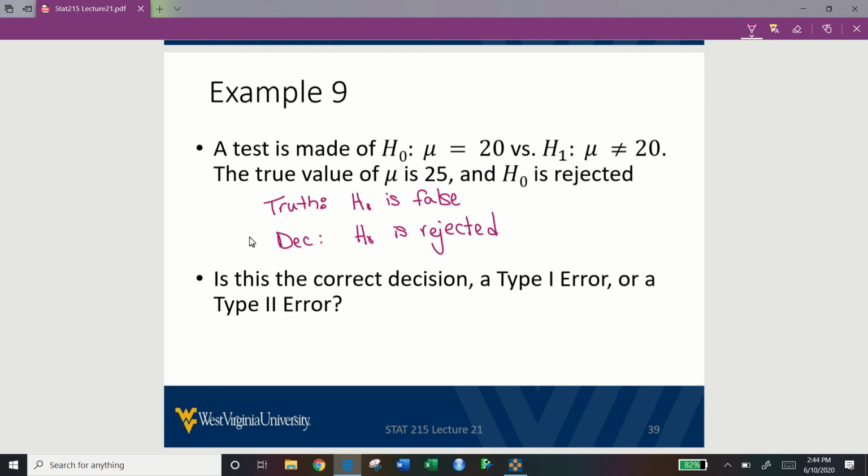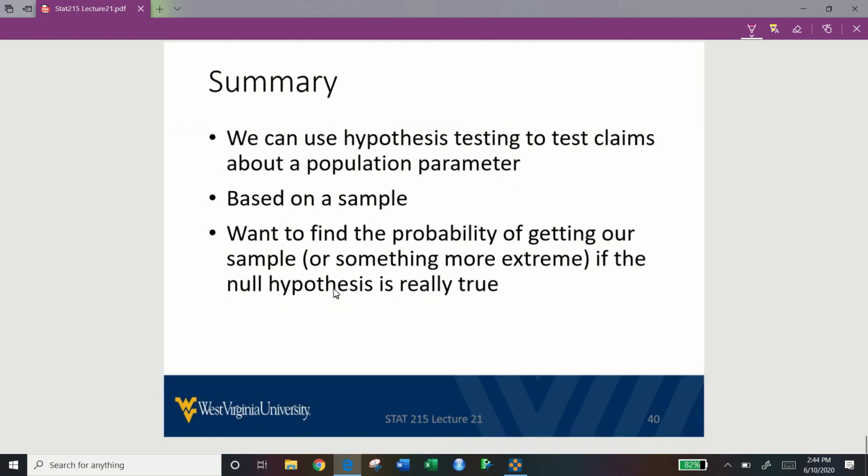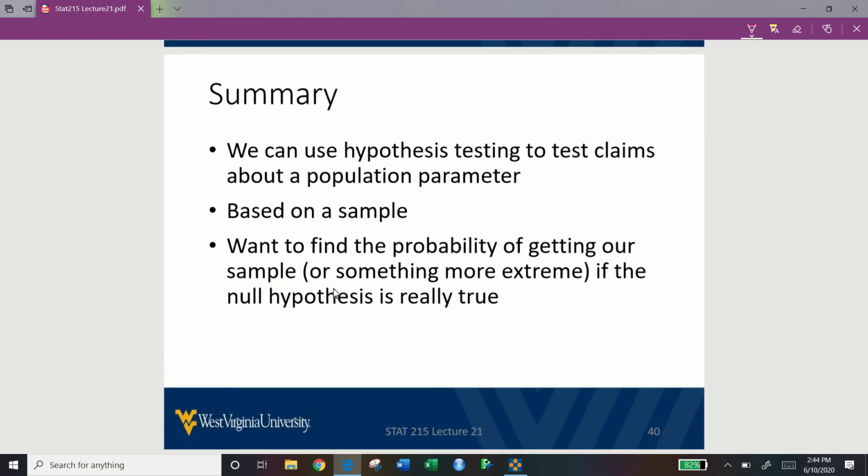Truth, null is false. Decision, null is rejected. That seems to me to be the correct decision. It wasn't true, and we rejected it as true. Very good. Okay, so this brings us to the end of the lecture.